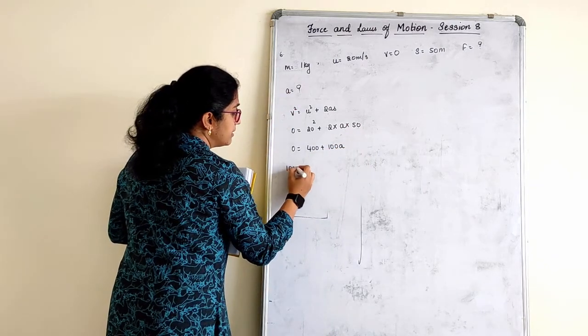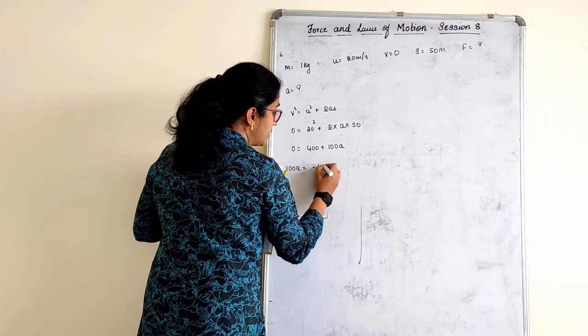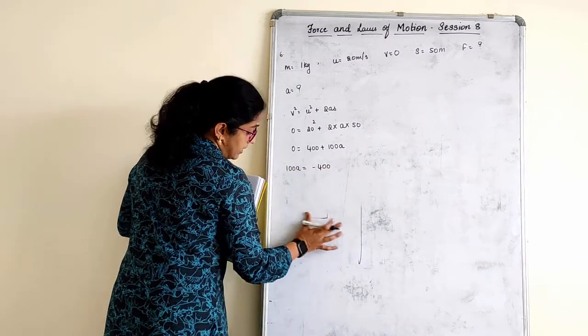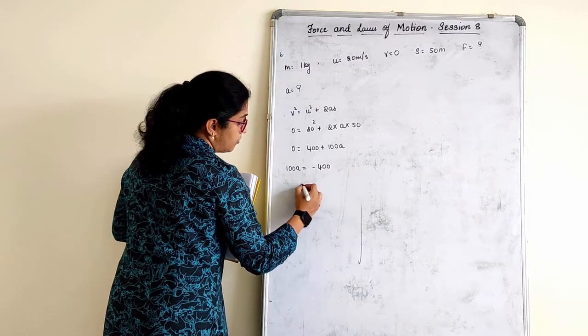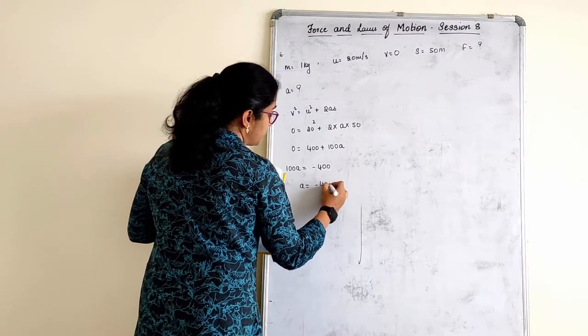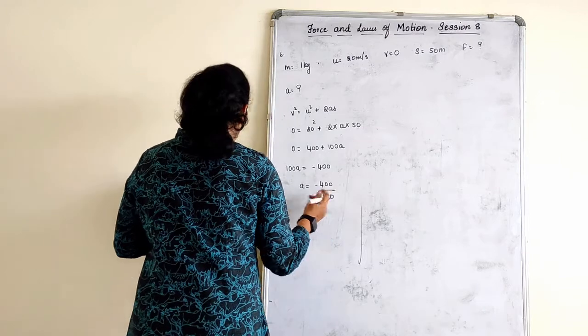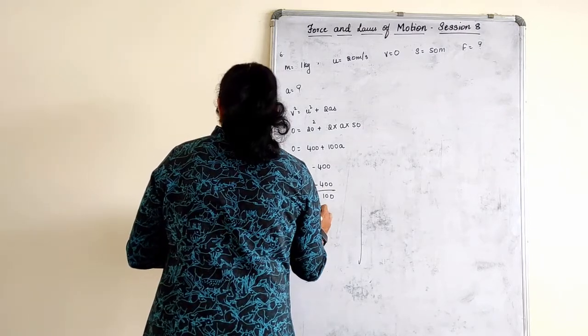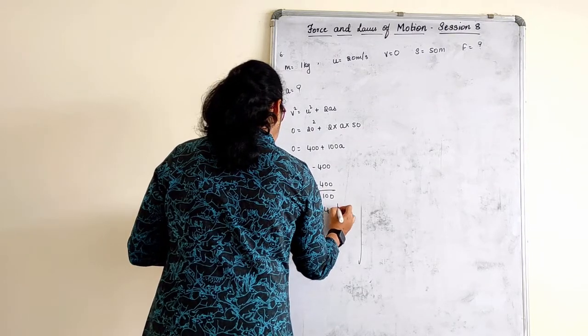So 100a is equal to minus 400. Let us see what a is equal to: minus 400 divided by 100, where acceleration is minus 4 meters per second square.